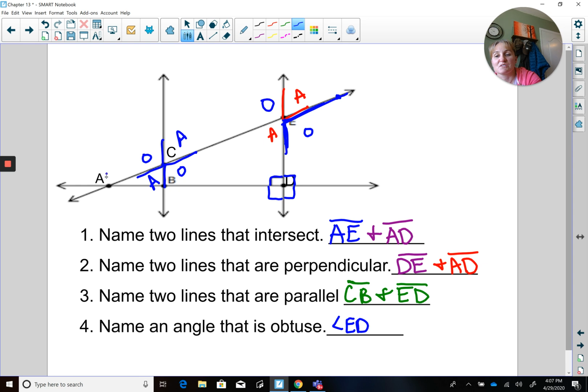Right here is an obtuse. This one is acute, very acute. I could barely write the A in there. And another one right there, okay? All right. So if you didn't get that, go back and check it just so you're ready. I don't think you're even going to see anything on angles like the way this question is worded. I just wanted you to see it within these lines, okay?